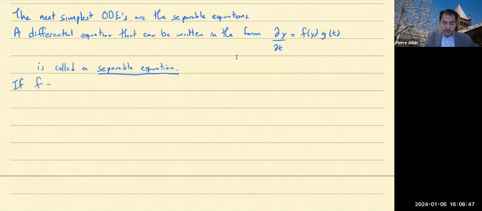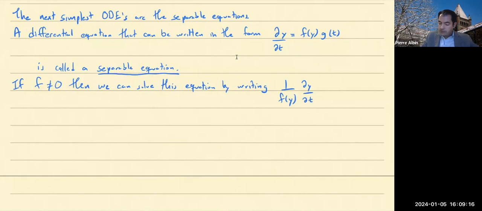All we do is, if f is not the 0 function, then we can solve this equation by writing, let's just put the f of y on the left-hand side, and then integrate both sides with respect to t.